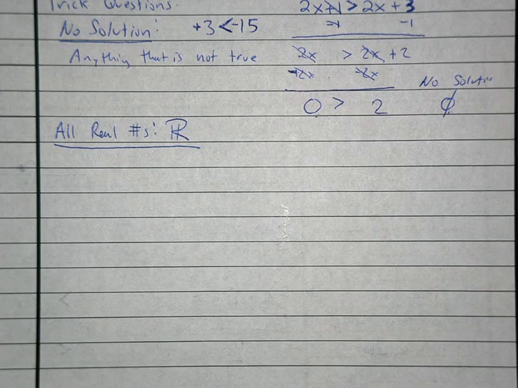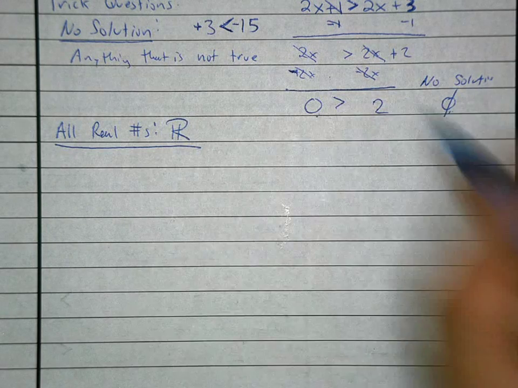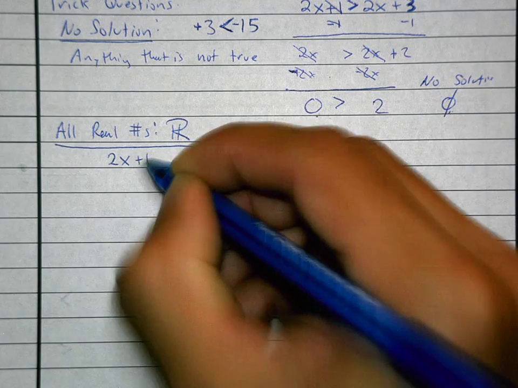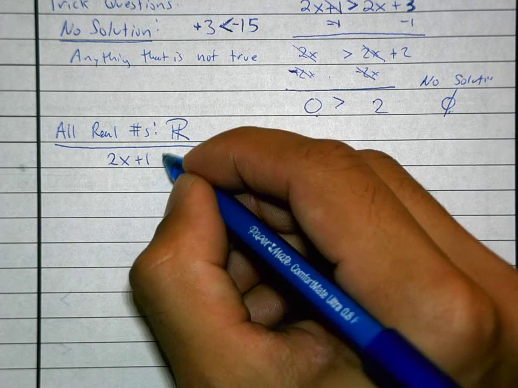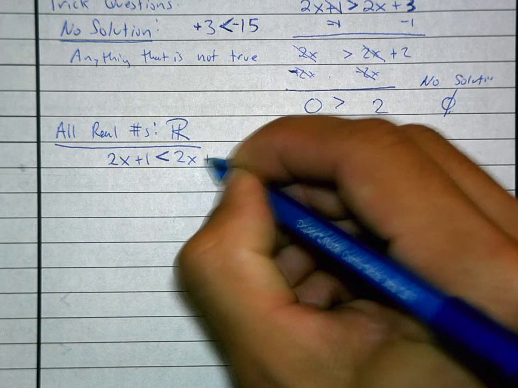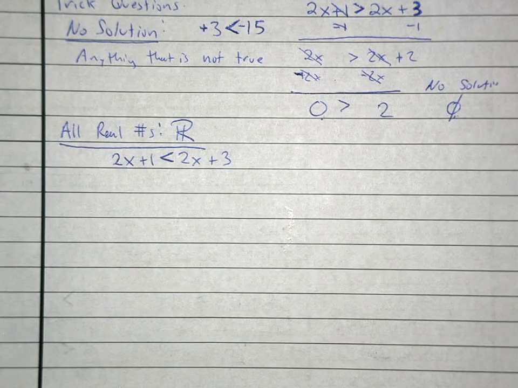Could be negative, could be positive, could even be decimals. I'll give you an example. I'm going to use almost the same problem, 2x plus 1, and this time I'm going to do less than 2x plus 3. This is almost the same example as before.